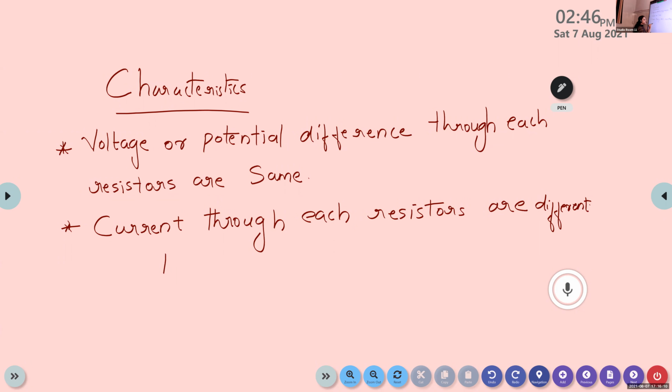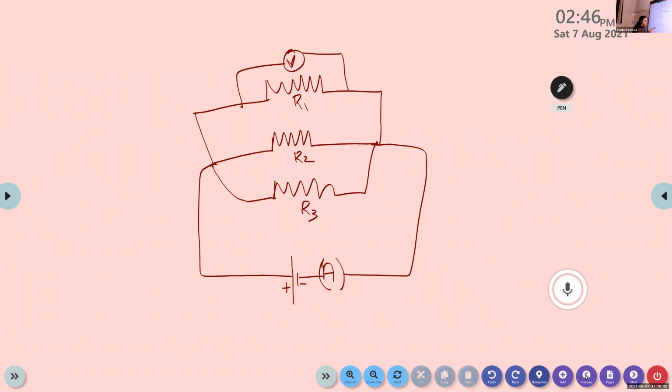That is, I1 is the current through the resistor R1. Similarly, I2 is the current through the resistor R2, and I3 is the current through the resistor R3. From this figure, just imagine that whenever the cell is connected to the circuit, the current starts to flow from the positive terminal.